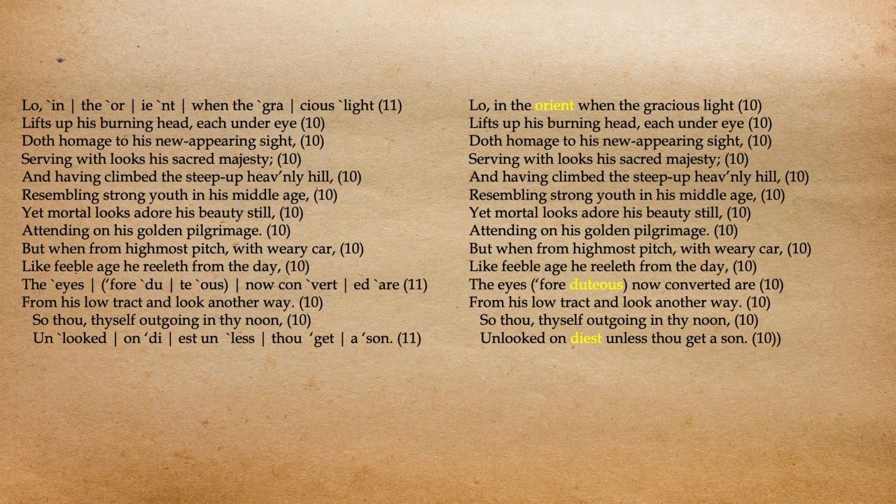As Booth tells us, the word orient in early modern English was not a word of 3 syllables like we have it today, but rather it was disyllabic, that is, 2 syllables. Further, in line 12, duteous likewise has 2 syllables rather than the 3 that we use today. Finally, the word diest is monosyllabic in early modern English, not disyllabic like we pronounce it today.